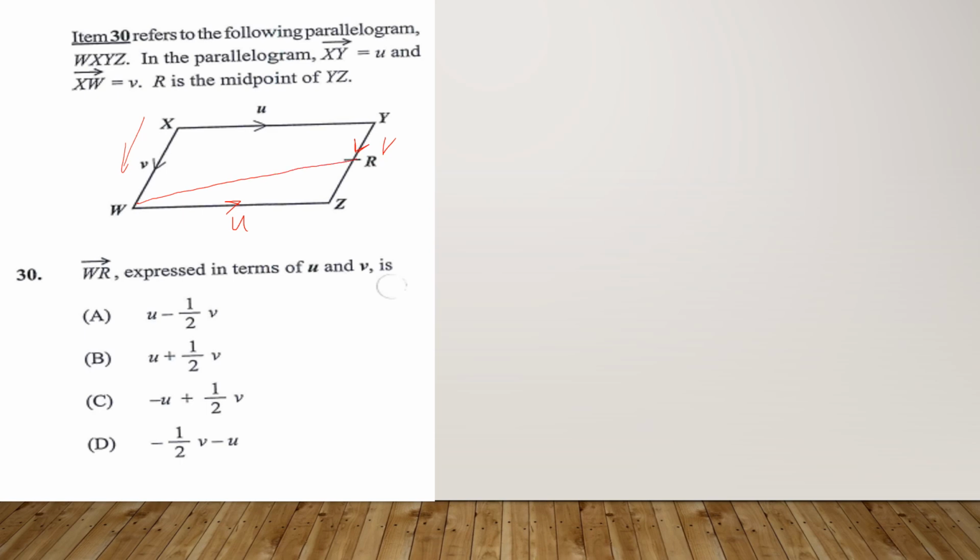WR. So WR would equal, so we start off with W, so it'd be WZ plus ZR, which is, we have the last letter R. Good. So we're going WZ, so that's correct, U plus ZR.